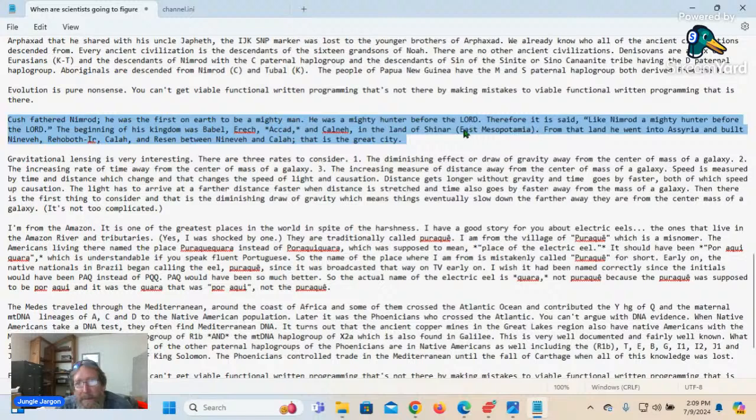Well, I don't know if this East Mesopotamia is put in there or if that's just added. From that land, he went into Assyria and built Nineveh, Rehoboth-Ir, Calah, and Resen between Nineveh and Calah, that is the great city.